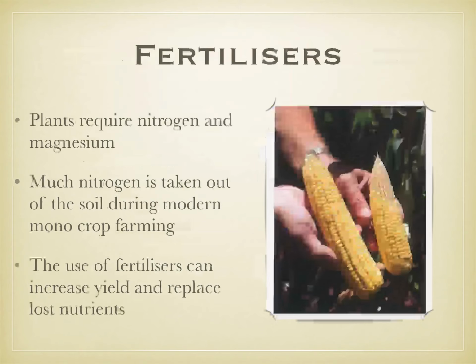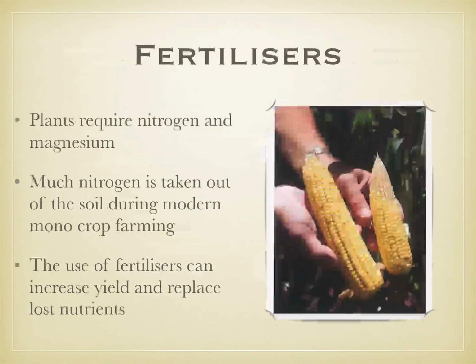The use of fertilisers, well, you know from your plants topic on mineral requirements of plants that they need nitrogen and magnesium. When you farm a crop, you are interrupting the nitrogen cycle because instead of any dead plant matter returning to the soil and then going through the process of decomposition and ammonification and nitrification and then returning the nutrients to the soil properly, they remove the plants.